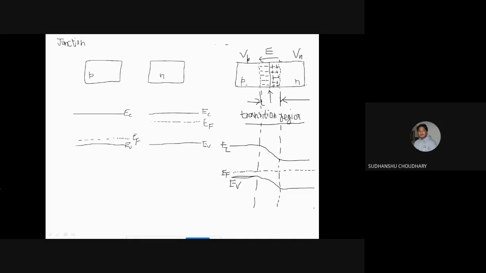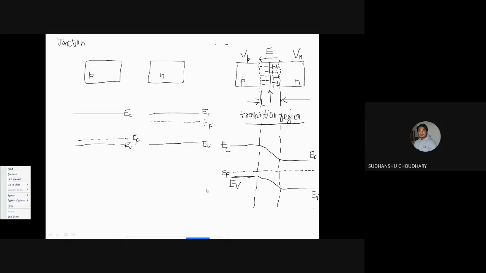Okay. So now again we see that since this portion is p-type semiconductor, the Fermi level is close to the valence band, and since this is n-type semiconductor, the Fermi level is close to the conduction band. Right. So again this is the conduction band of n-type, and this is the valence band of n-type. Okay.